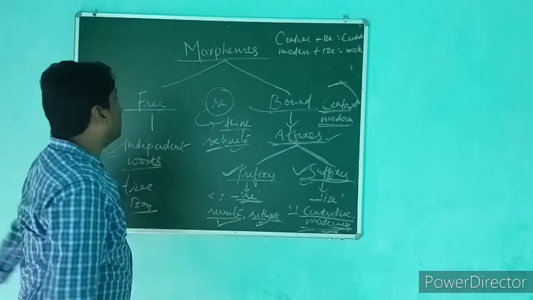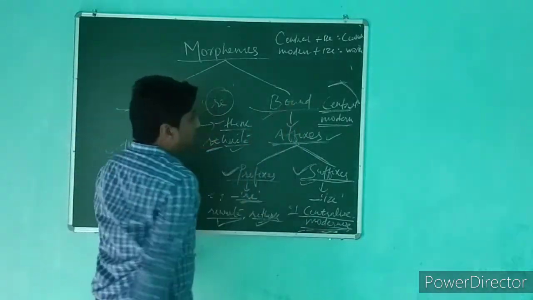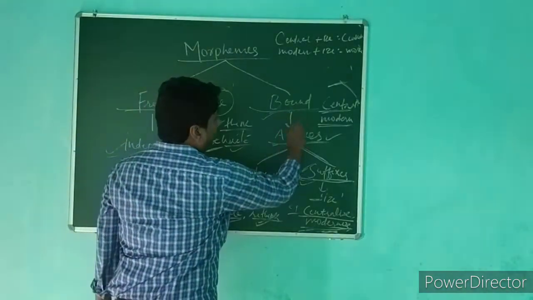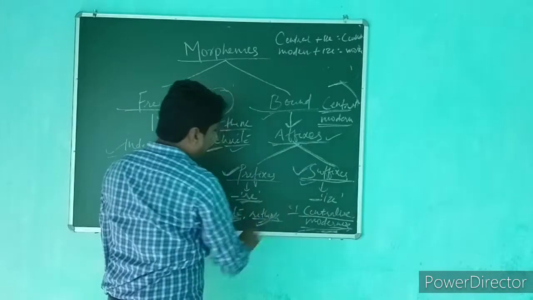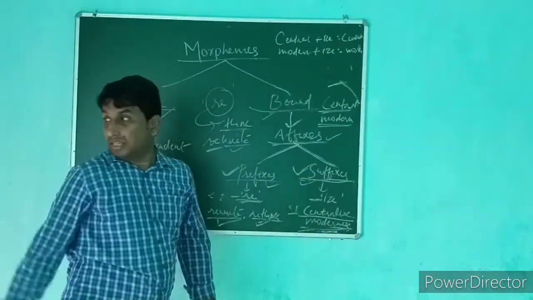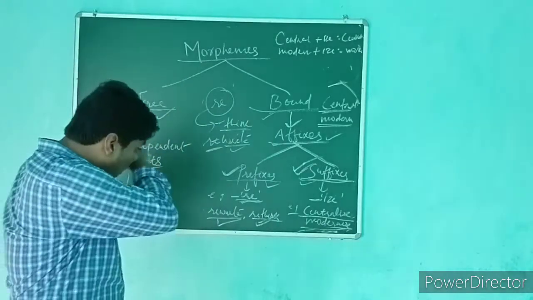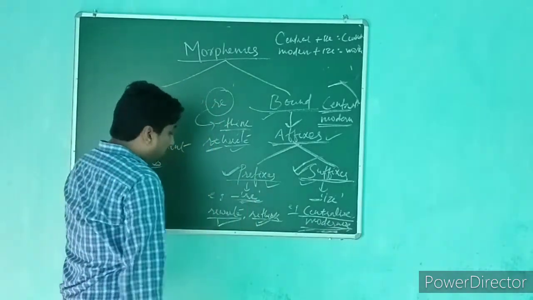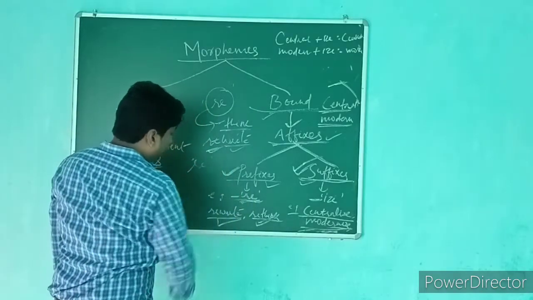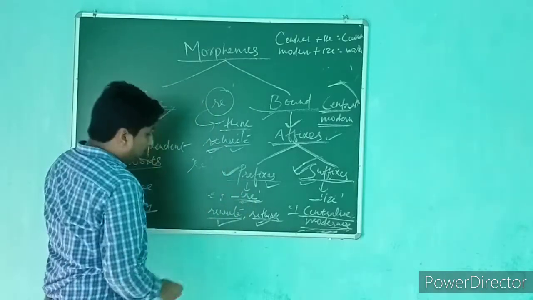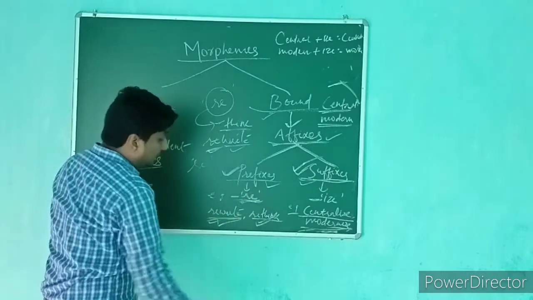So morphemes are primarily of two different types: free morphemes and bond morphemes. Within bond morphemes, we have primarily affixes. Now within affixes, we have two different categories. The first category is prefixes, and the other one is suffixes, right? In prefixes, we have the example of the prefix re, and if we place this re before the free morpheme write, it becomes rewrite.